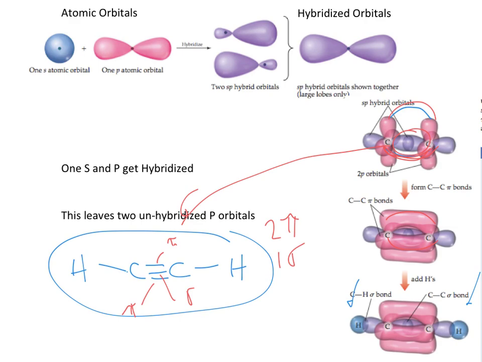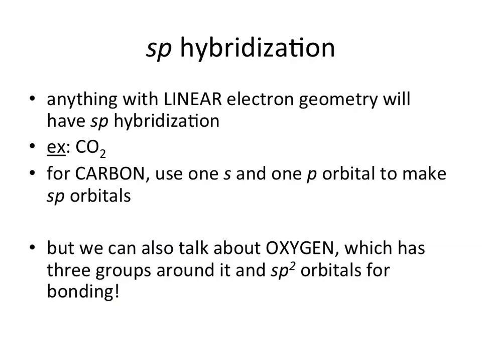So identifying sp hybridization, anything pretty much with linear electron geometries is going to have sp hybridization. Carbon dioxide would be a great example here, right? If we look at that, notice this carbon is experiencing two different double bonds.